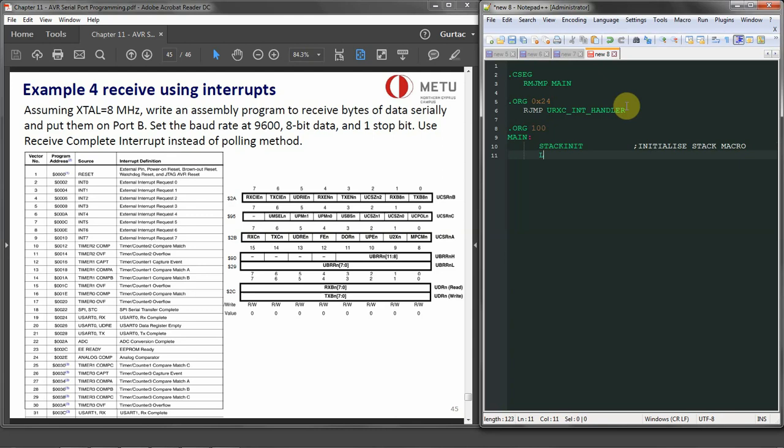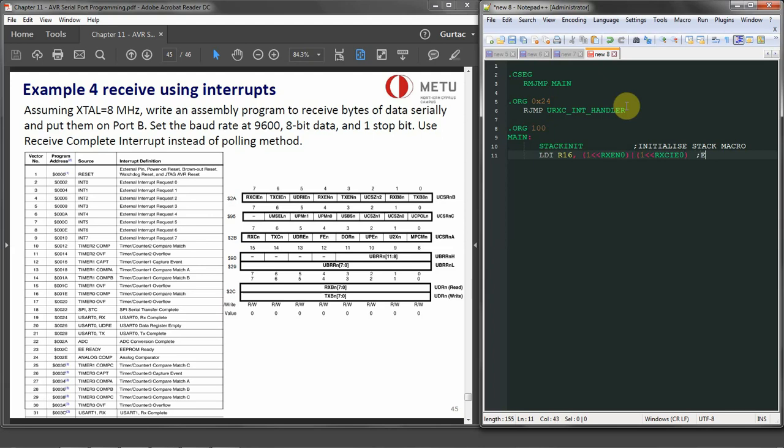Then LDI R16. It's going to be 1 for RX enable, and the receive interrupt enable is 1, and the others have to be 0.